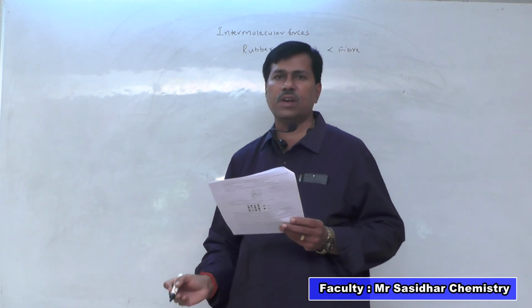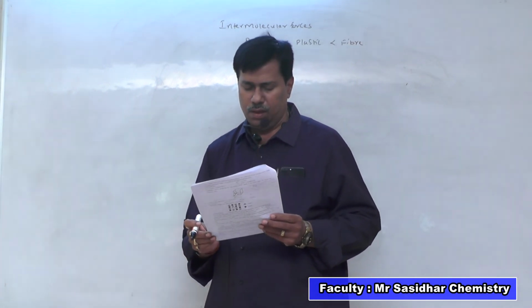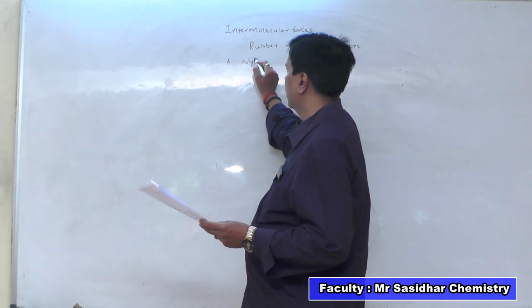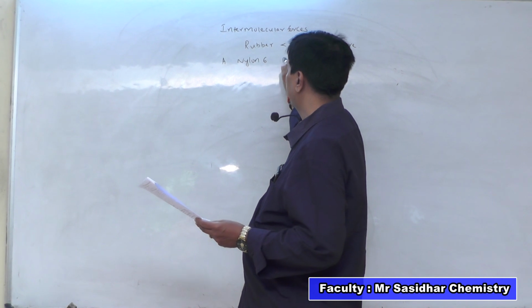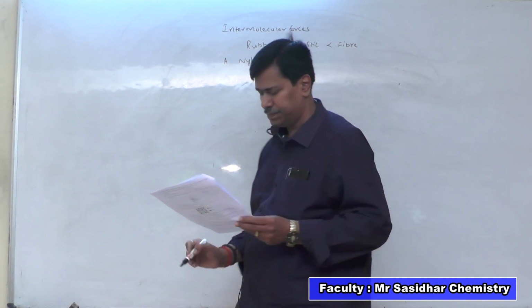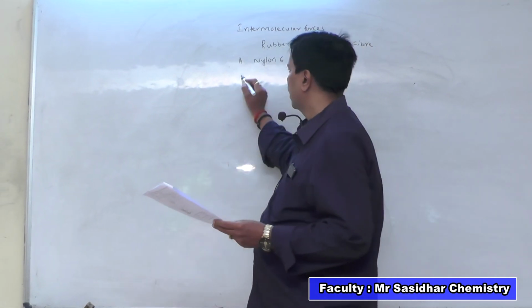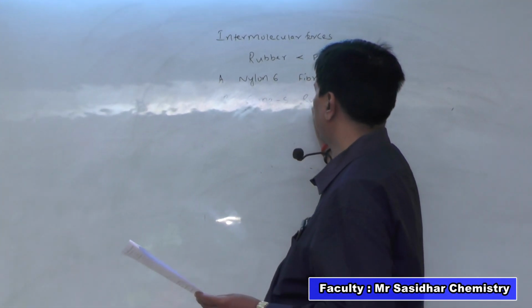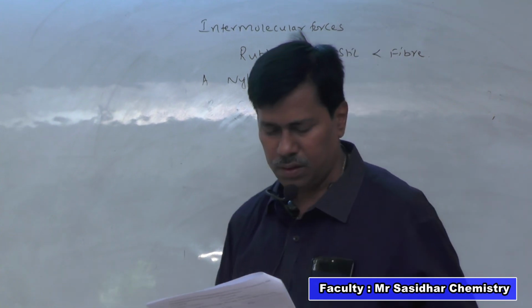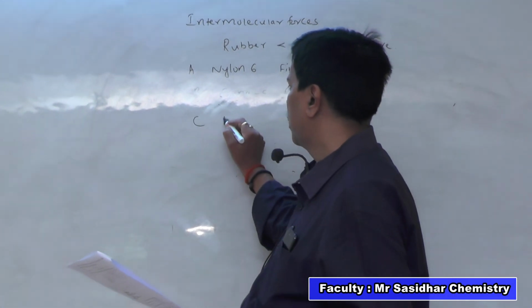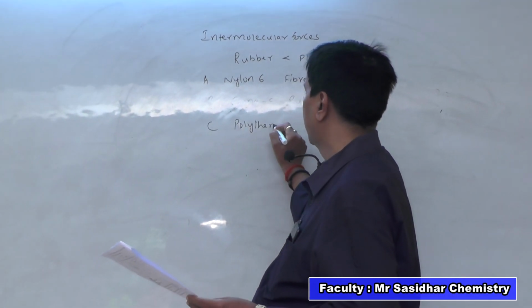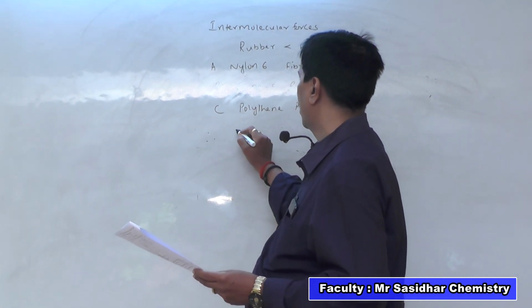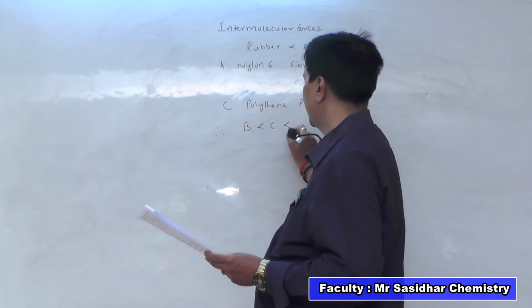This is the order of intermolecular forces. So if we classify, A is given nylon 6, which is a fiber. B is given Buna-S, which is a rubber. C is given polythene, which is a plastic. Therefore, order will be B, C, A.